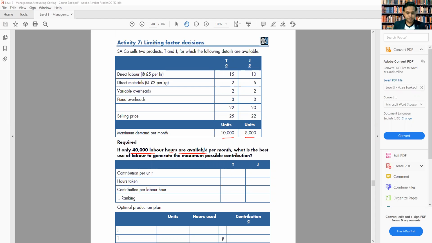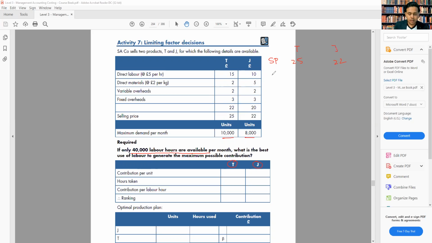The first thing we'll do is find the contribution per unit for T and J. So we have the selling price for T and J. The selling price for T is 25, for J is 22.